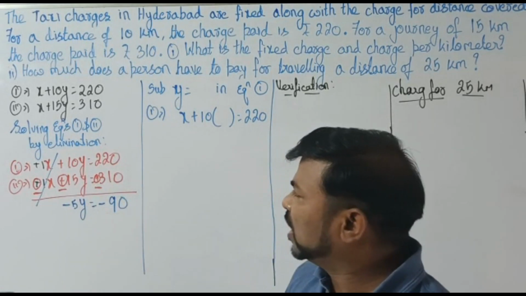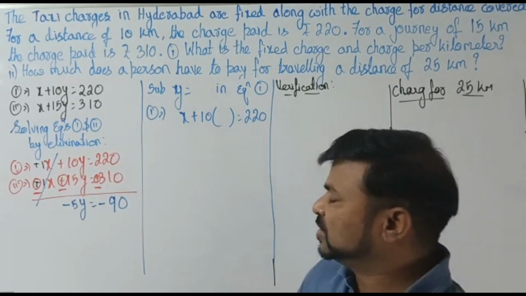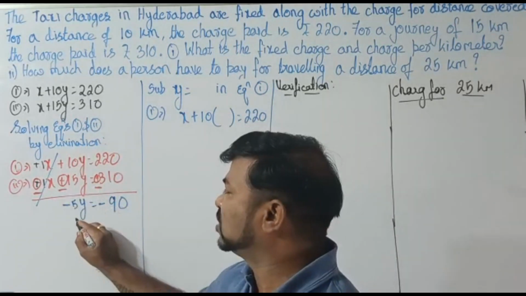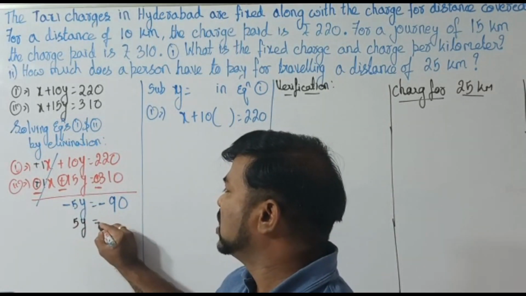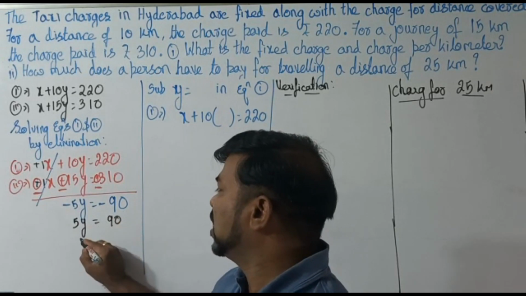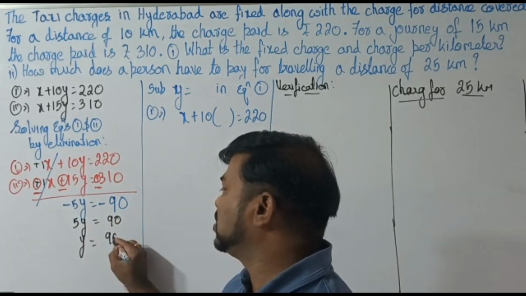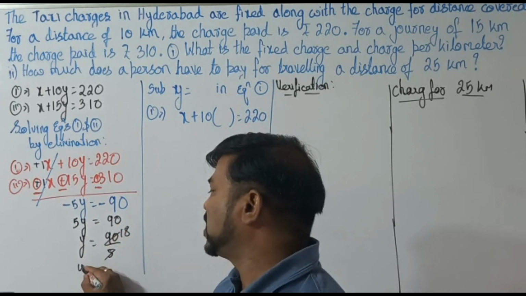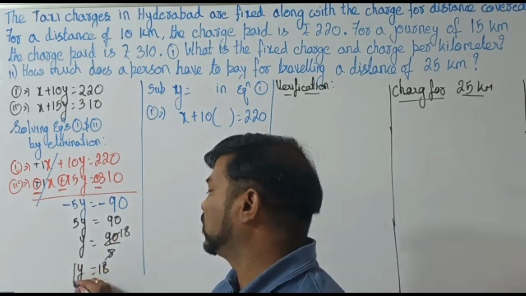Now if you simplify, multiplying by minus on both sides, 5y equals 90 and y equals 90 by 5, it's nothing but 18. So y equals 18 is what we got.